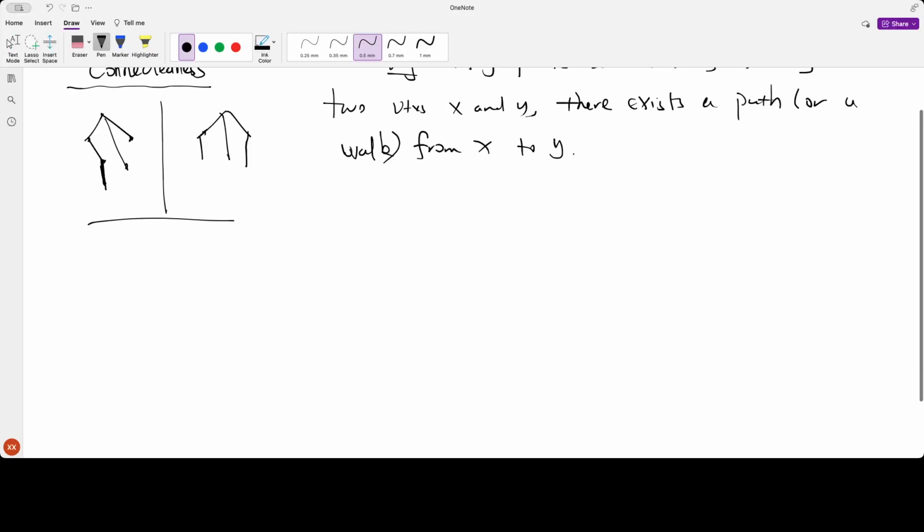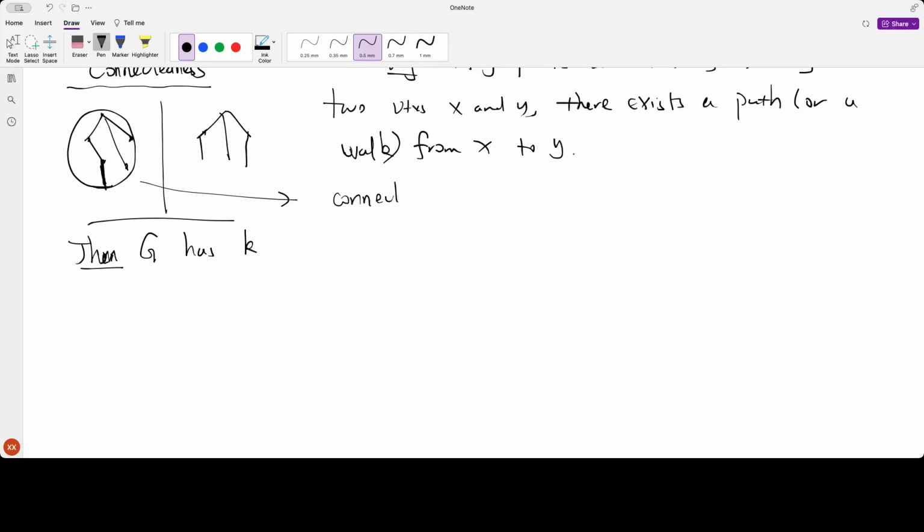So let's start from an easy theorem. In fact, connectedness has some restrictions on the size of your graph. Theorem: suppose G has k connected components.